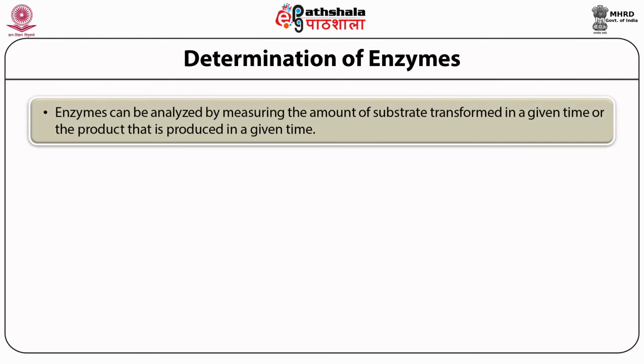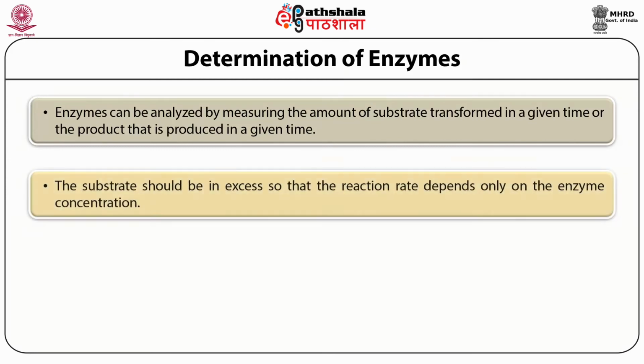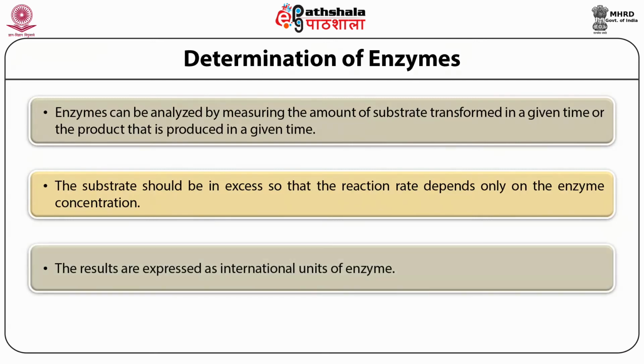Now we discuss the determination of enzymes. The enzymes can be analyzed by measuring the amount of substrate transformed in a given time or the product that is produced in a given time. The substrate should be in excess so that the reaction rate depends only on the enzyme concentration. The results are expressed as international units of enzyme.